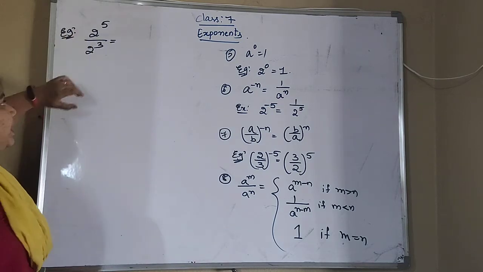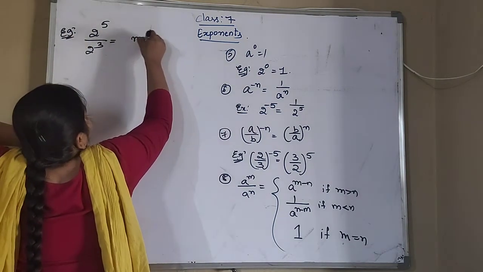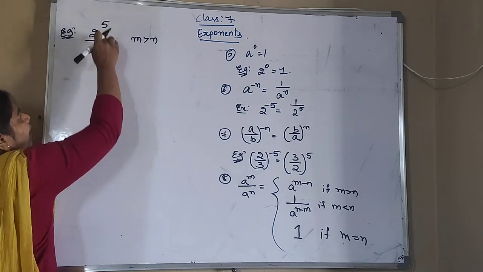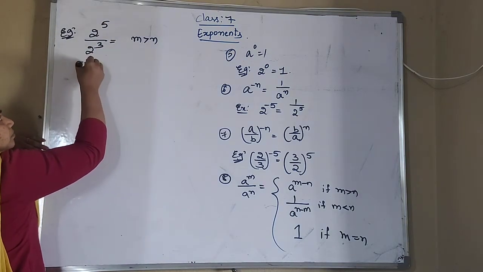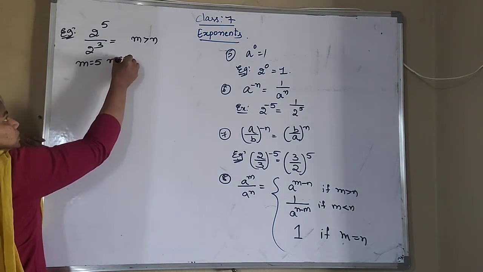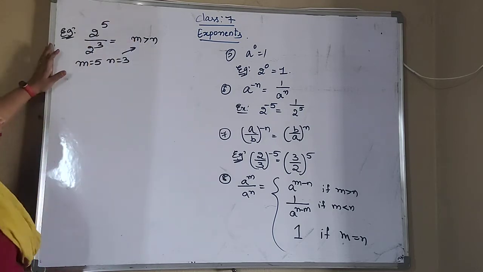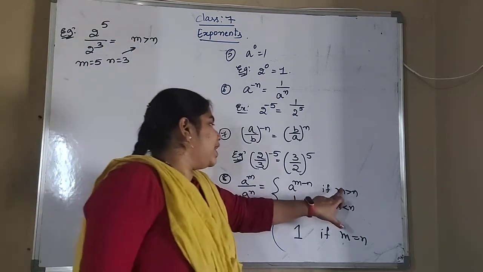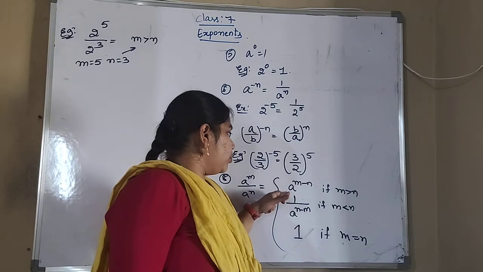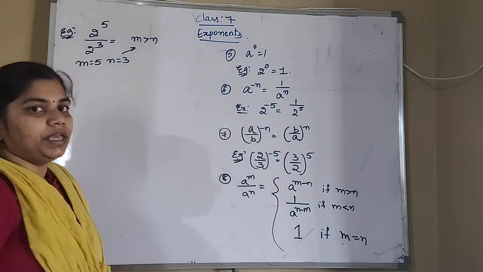In this case, the m value is greater than the n value. If m is greater than n, which formula will we apply? a^(m-n).